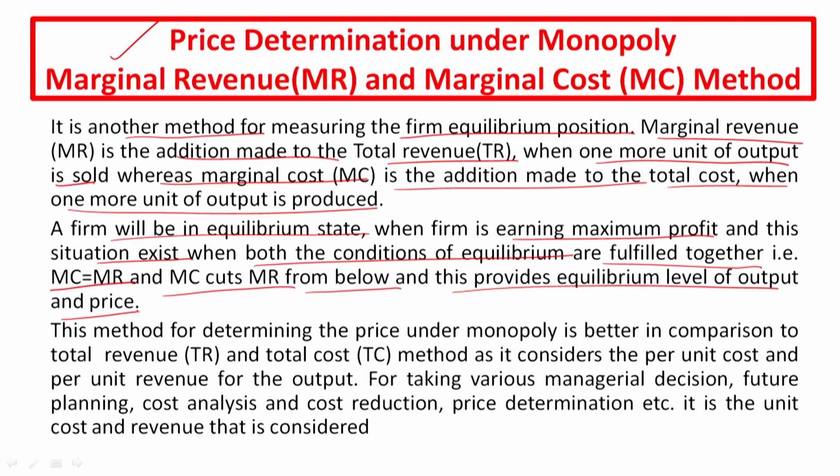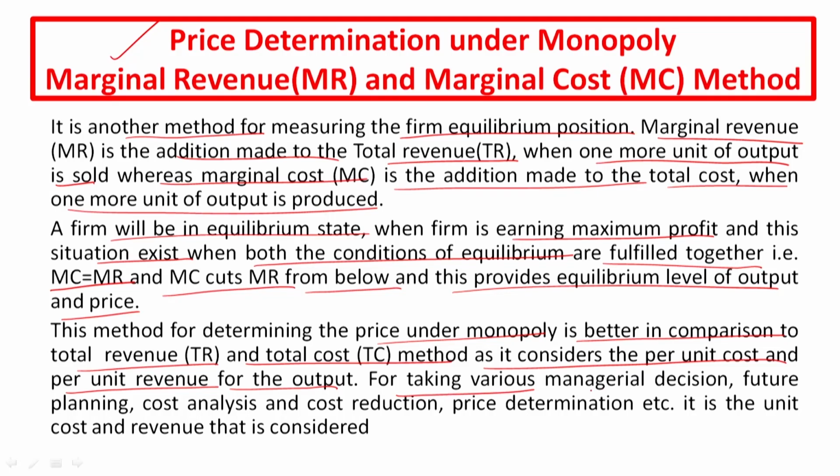This method for determining the price under monopoly is better in comparison to total revenue and total cost method, as it considers the per unit cost and per unit revenue for the output.